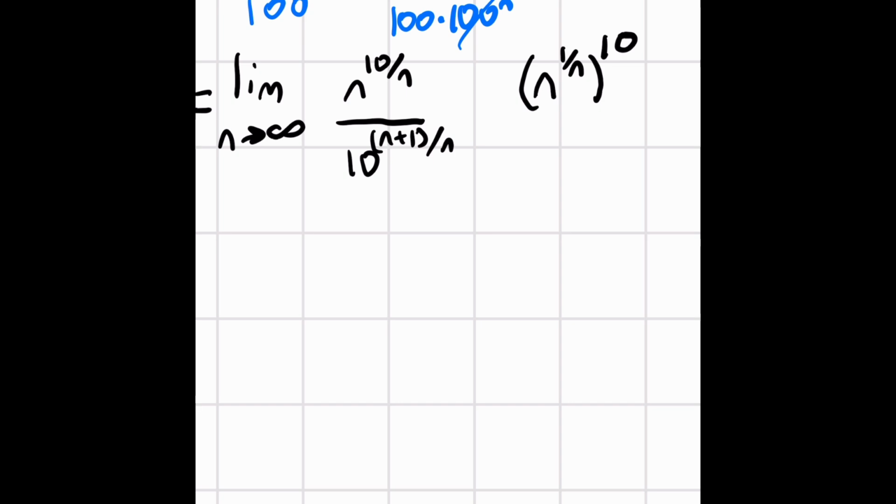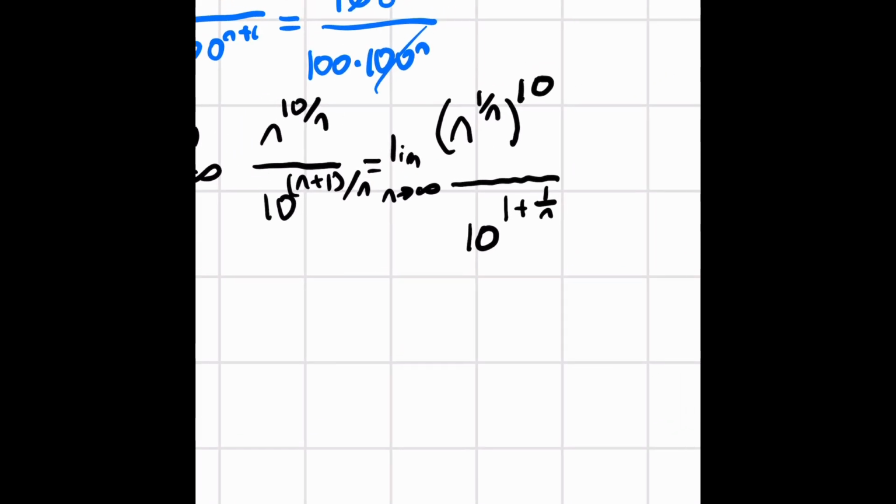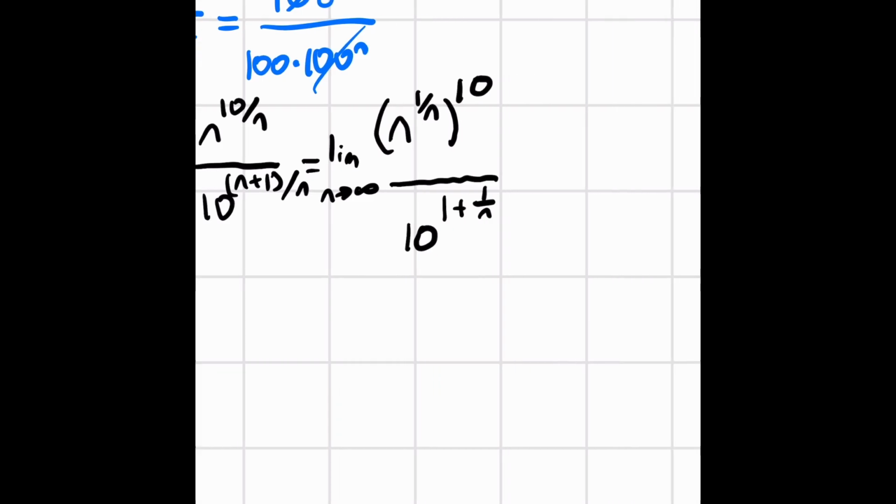Right, move the 10 to the outside there. Now our limit as n goes to infinity is still stuck. And as for the denominator, what we're going to do is just divide both pieces by n. Right, n plus 1 divided by n. Just distribute that to both parts. n divided by n is 1. 1 divided by n is, well, 1 over n.